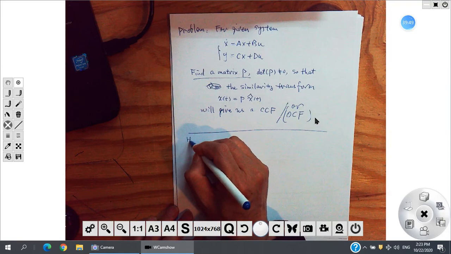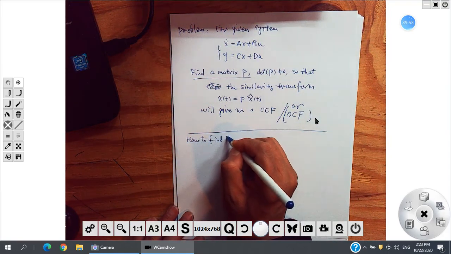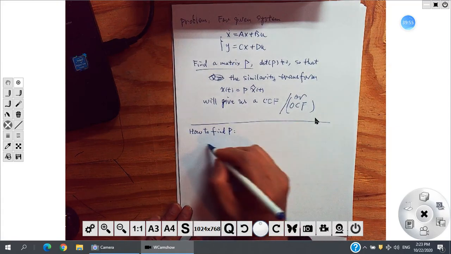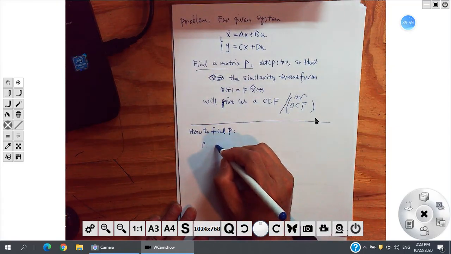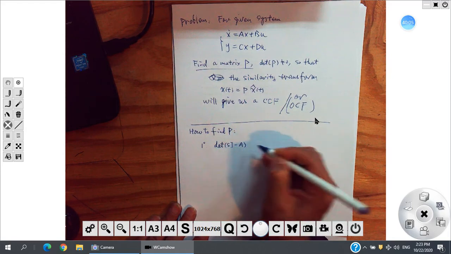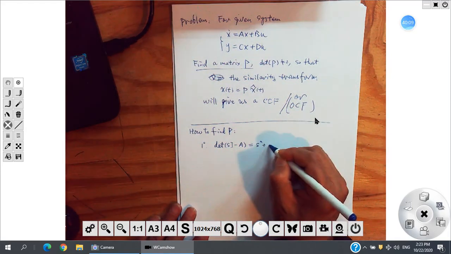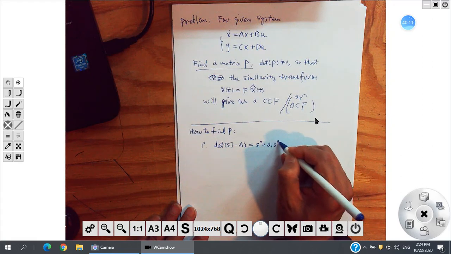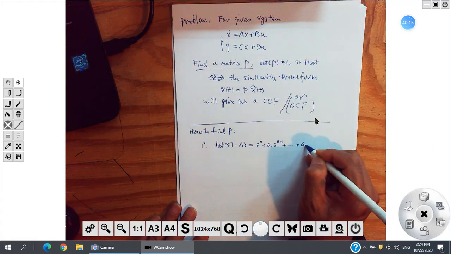How to find P? We need several steps. Firstly, we consider the determinant of sI minus A. Suppose this is s^n plus a1 s^(n-1) until an.